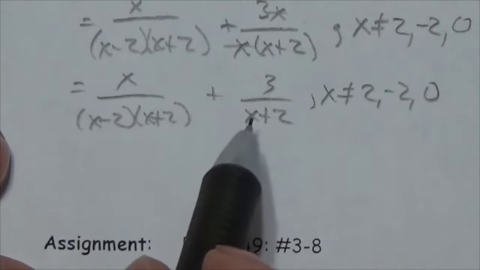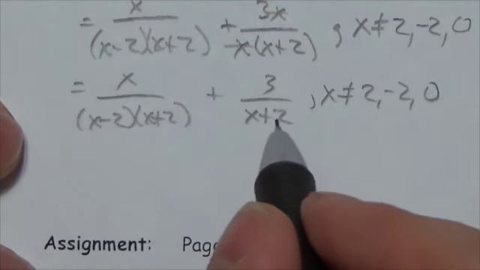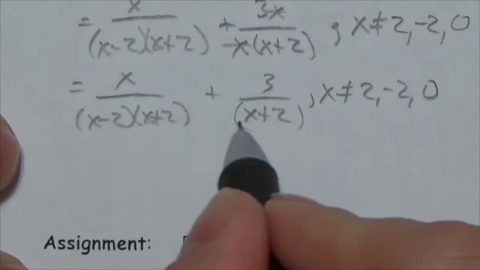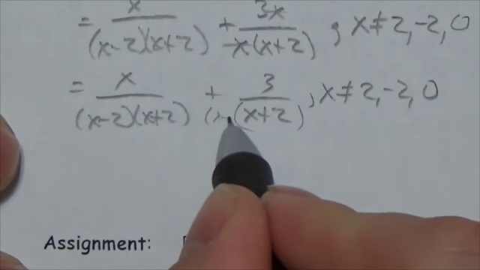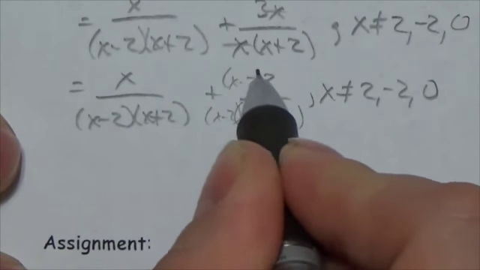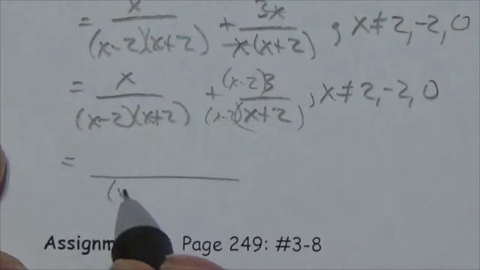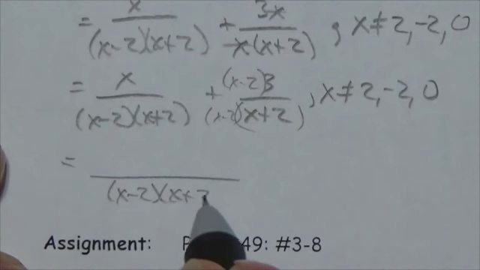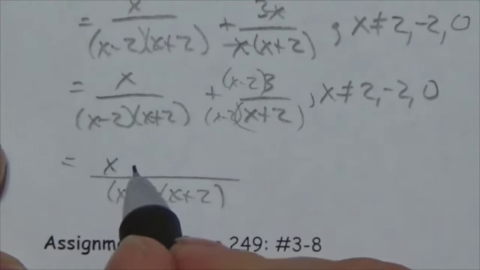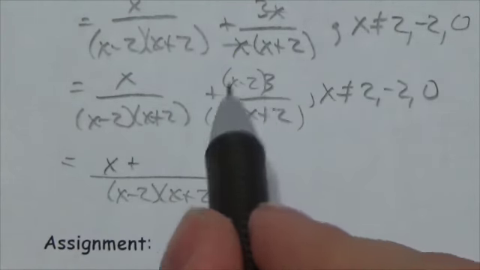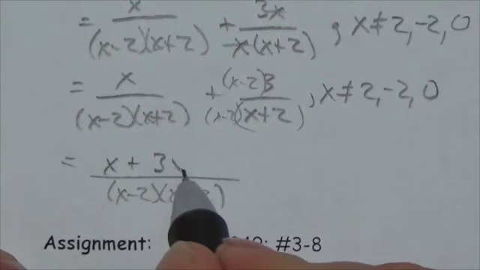But now when I look at my denominators here, notice that really what's missing here is just an additional x minus 2. So x minus 2, putting that in the numerator and denominator so that my denominator here will be x minus 2, x plus 2. Then I will distribute that through, get 3x minus 6.